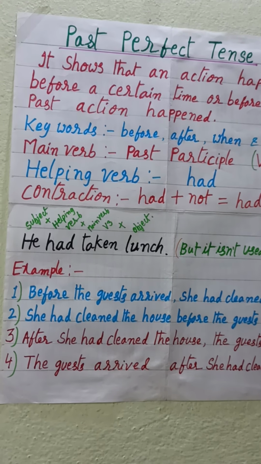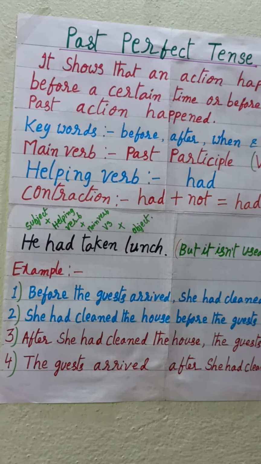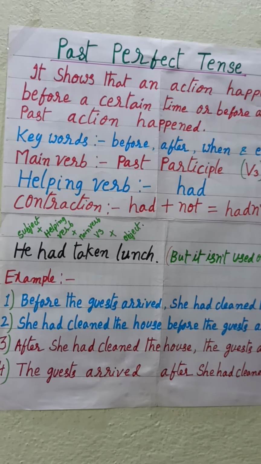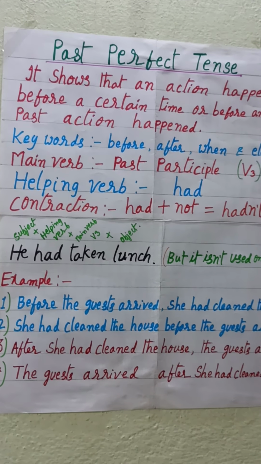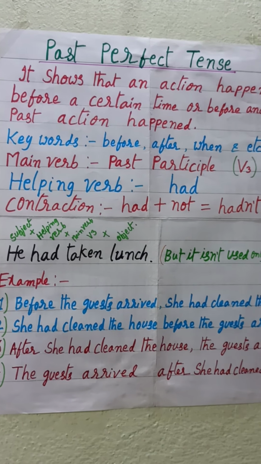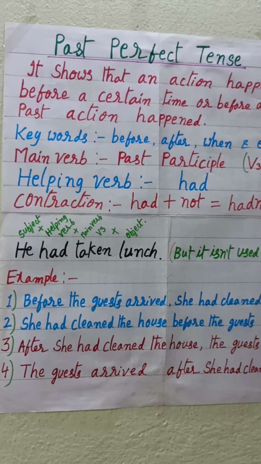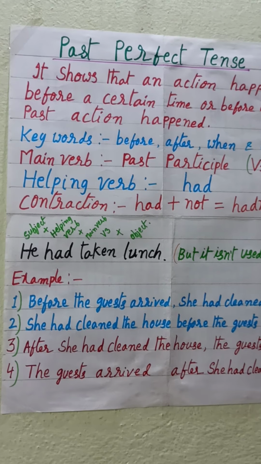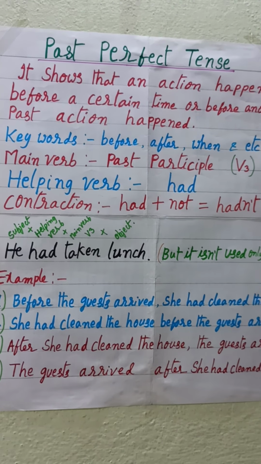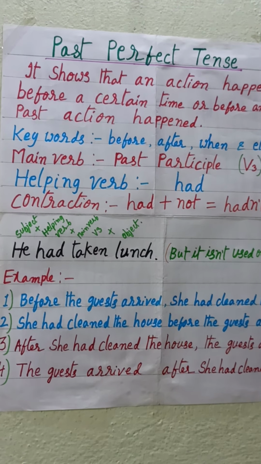If we want to write past perfect tense, you should follow rules. Past perfect tense shows that an action happened before a certain time.